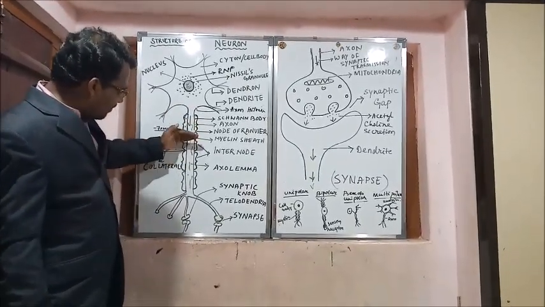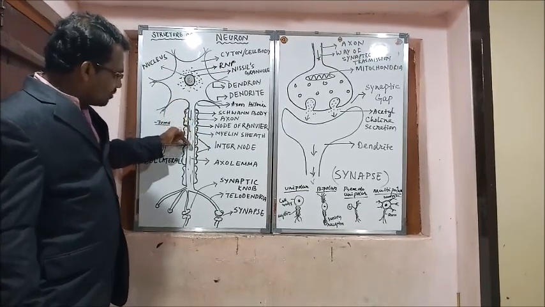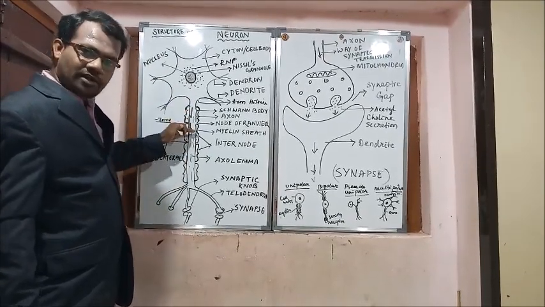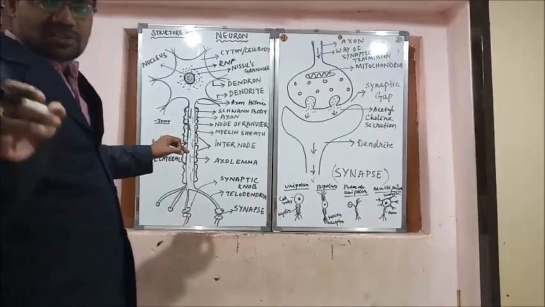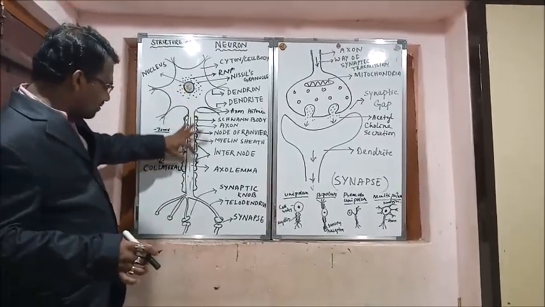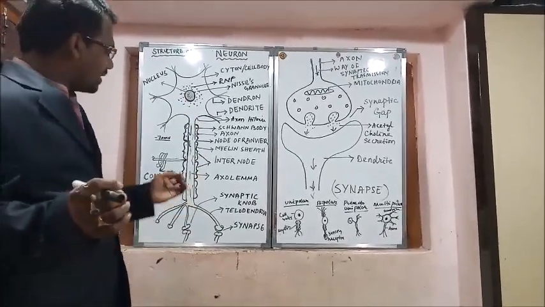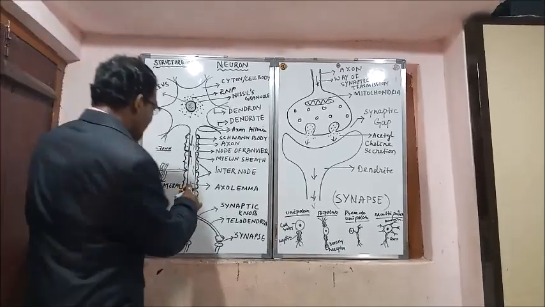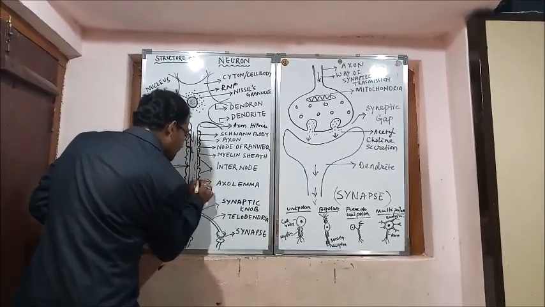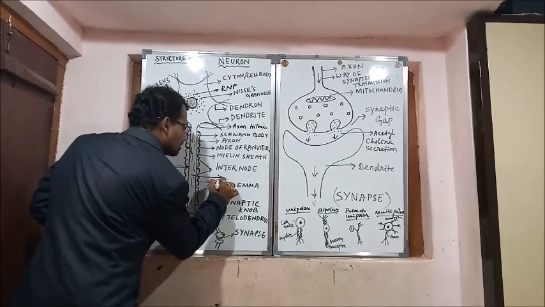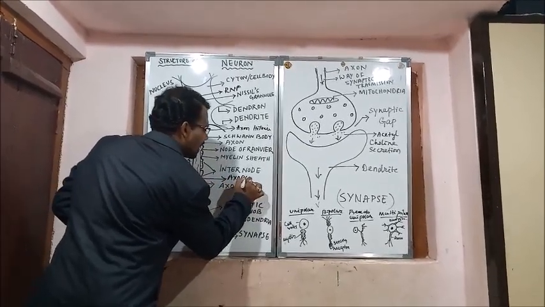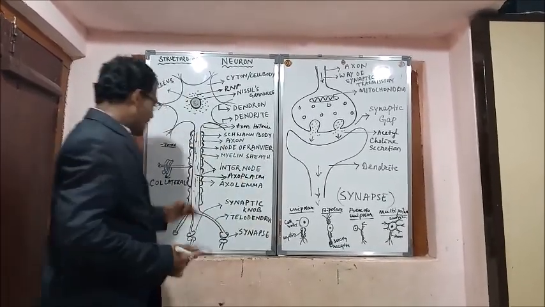And beside this, the cytoplasm which is present inside this axon is known as axoplasm, and the covering of this axon is known as axolemma. Okay, this is the axolemma, this covering, and this cytoplasm is known as axoplasm.